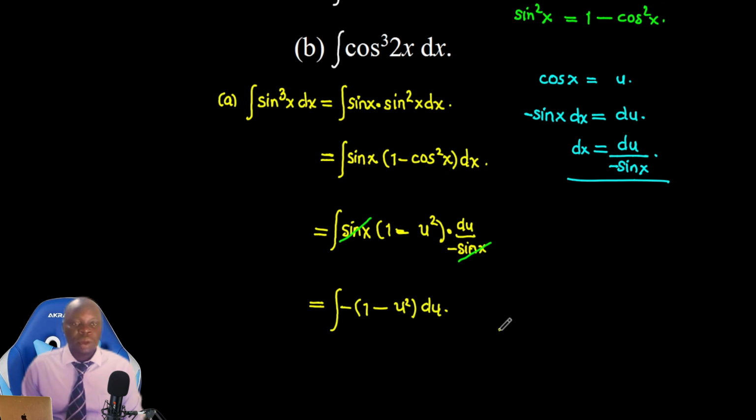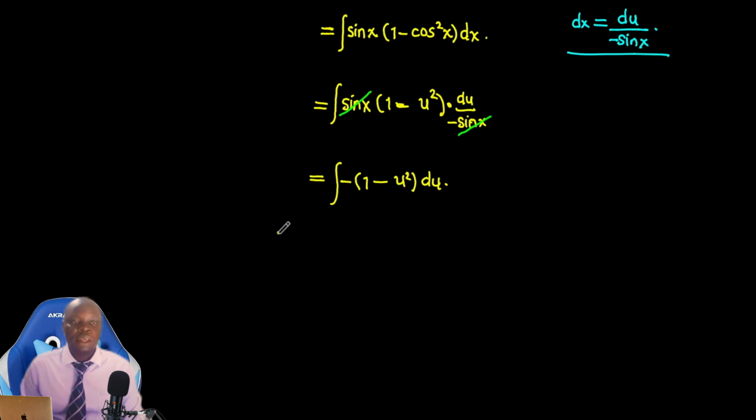And we can now go on and open up that bracket with our negative, and we obtain here negative times that 1 will get negative 1. But of course, it's also good to have another bracket here. So we have negative 1, and negative times negative, we have here positive u square and with respect to u. So at this stage, we are free to integrate.